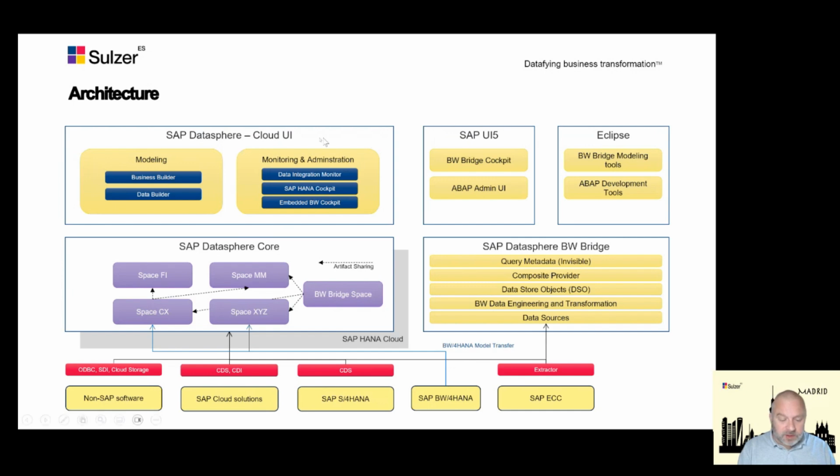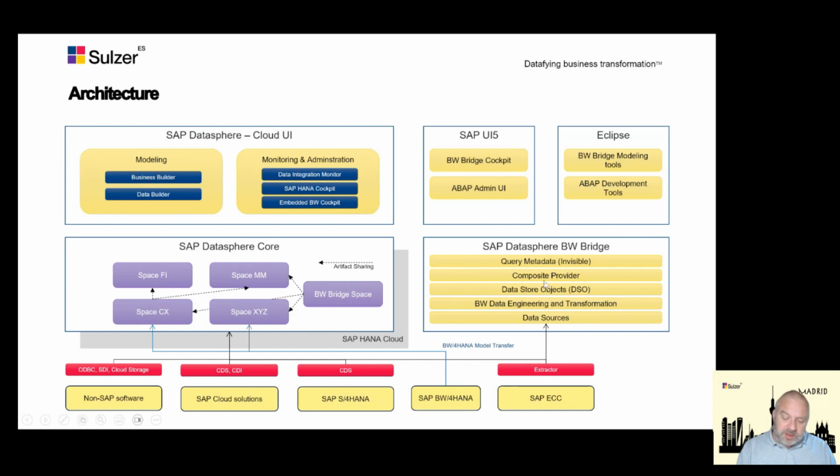We have different functionalities for monitoring and administrating our Datasphere tenants, especially of interest when we have data flows that need to be controlled, that they have been executed and scheduled correctly. So that is also included here. And then we have the BW Bridge option, which is a BW system based in the cloud.